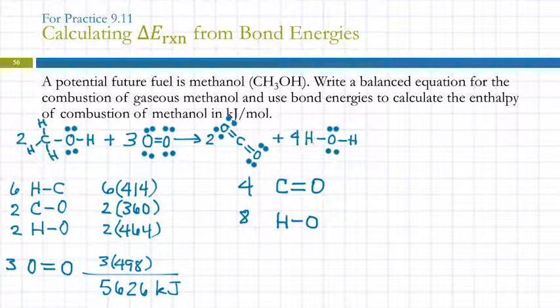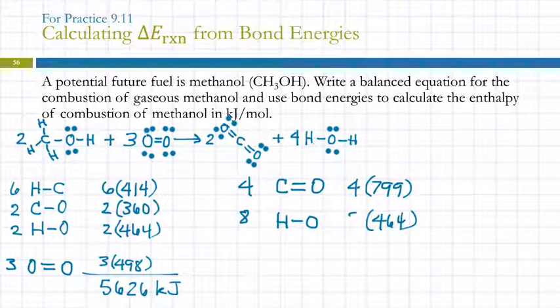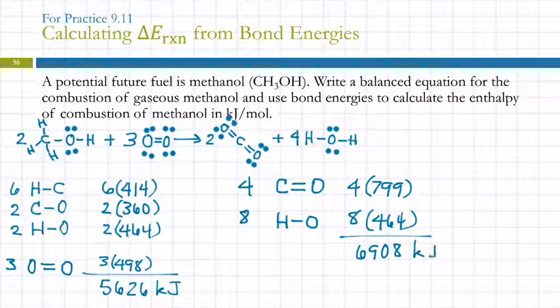And now let's see what we're going to get back. The carbon-oxygen double bonds, because this is in carbon dioxide, those are 799 per mole, and there's 4 moles of them. And we're making hydrogen-oxygen bonds, 464, 8 moles of those. So we're going to add this up: 4 times 799 plus 8 times 464 equals 6908 kilojoules.